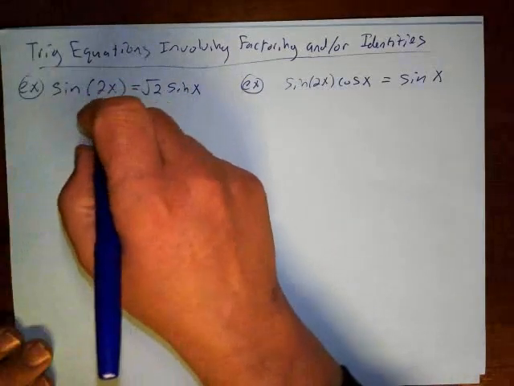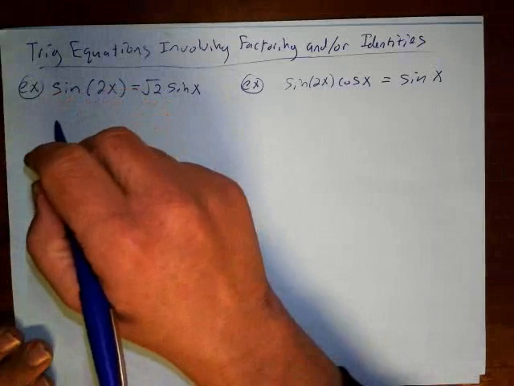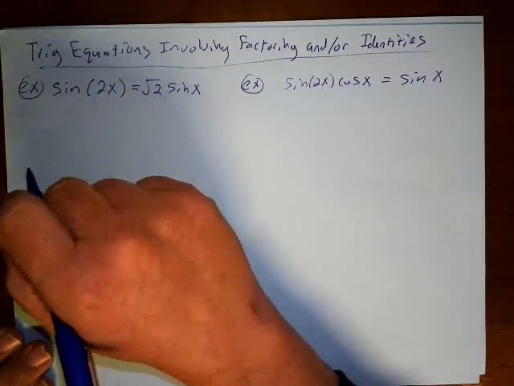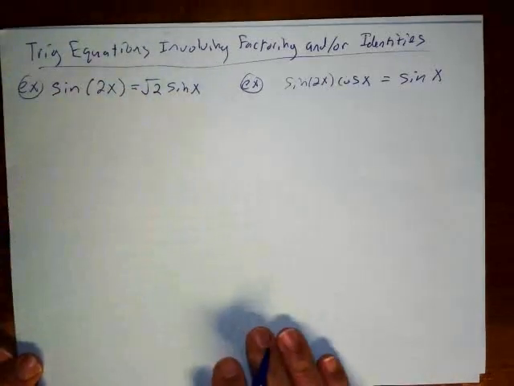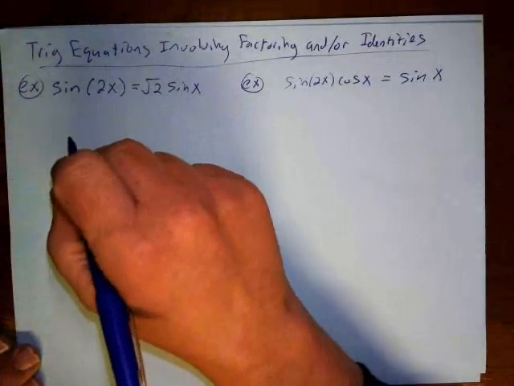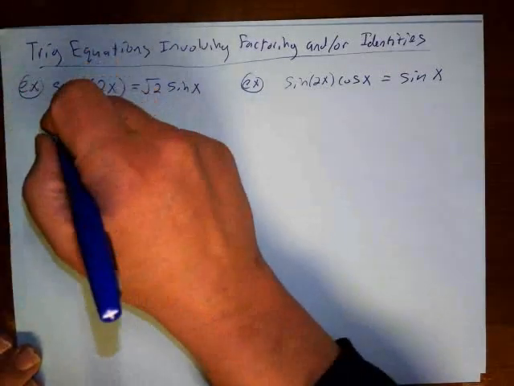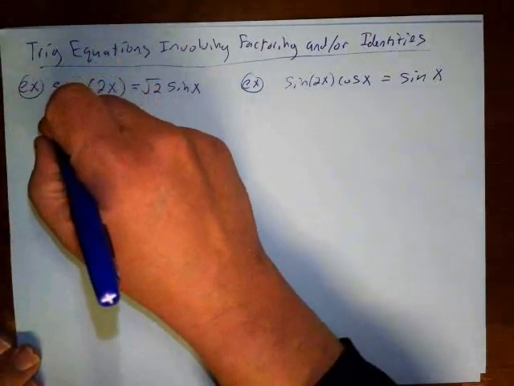So if you remember, sine of 2x is equal to 2 sine x cosine x. I guess I could write this down here.